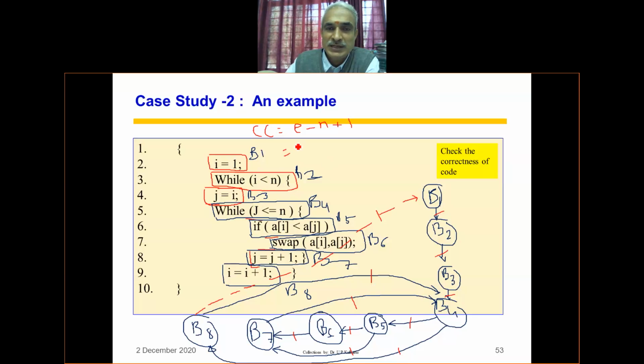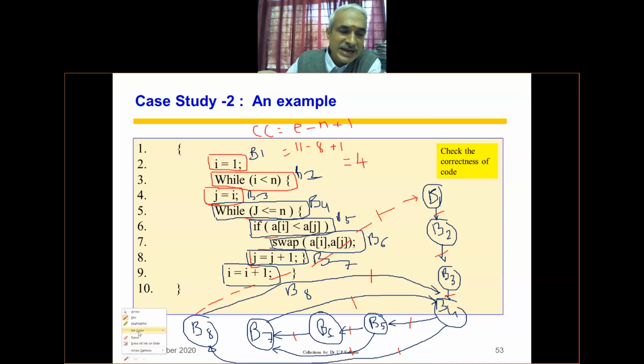Hope we have done it correctly. 11 minus the number of nodes, which is 8, plus 1, equals 4. Is it clear?